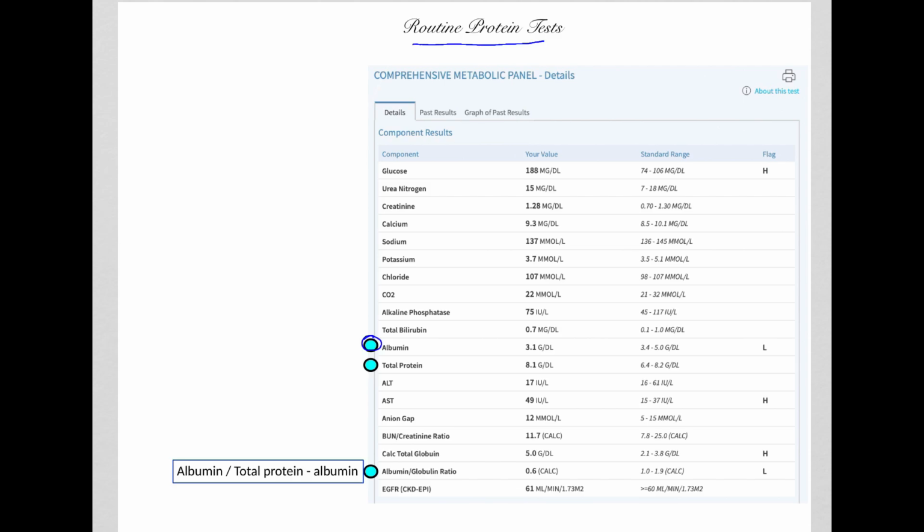We do measure the concentration of albumin in the bloodstream. We do measure total proteins. And from these two, we can find out the albumin globulin ratio. And that's basically calculated by dividing albumin by the total protein minus albumin to give you the AG ratio. So we'll talk about these tests later under clinical cases.